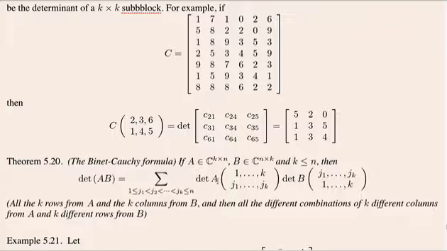And from A, we use the first k rows, and then all the possible k columns in increasing order. While from B, we choose these J1 through Jk rows, that's the upper row, and the columns are the first k columns.